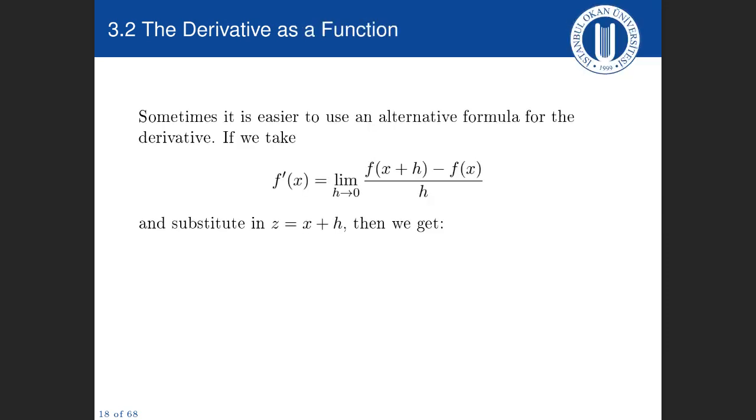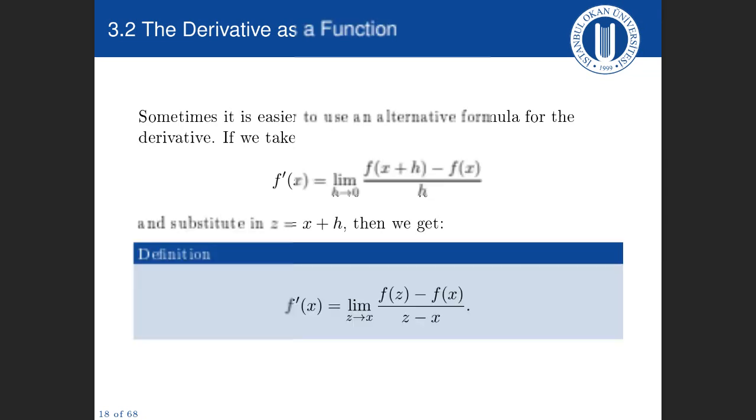Now, sometimes it's easier to use an alternate formula for the derivative. If we take the formula that we've been using and we substitute in z is equal to x plus h, everywhere we see x plus h, we're going to replace that by z. So instead of x plus h on the top, I have z here. Instead of h on the bottom, rearrange this.